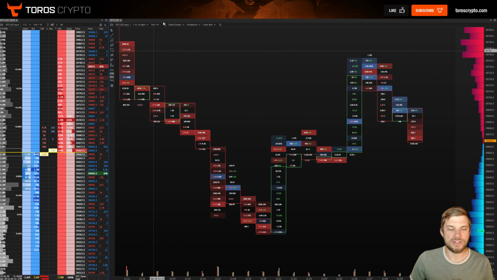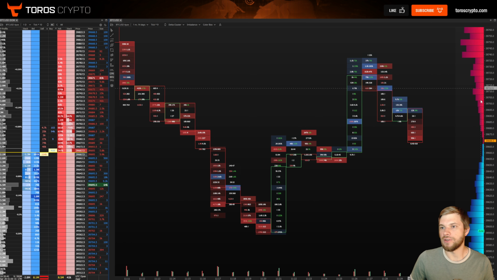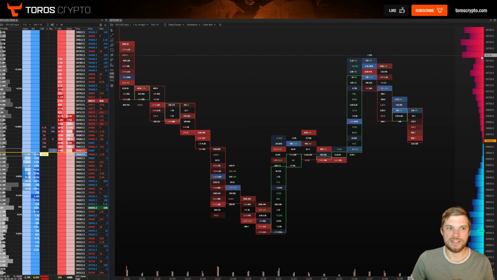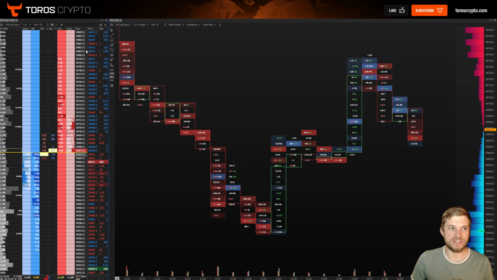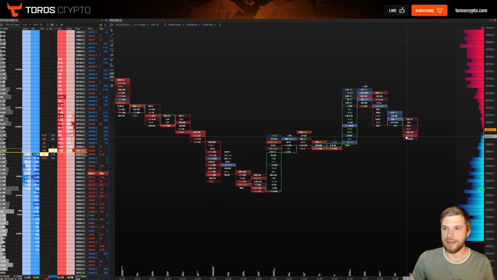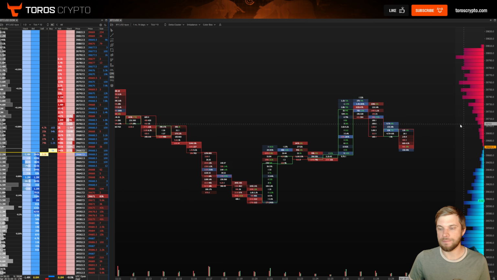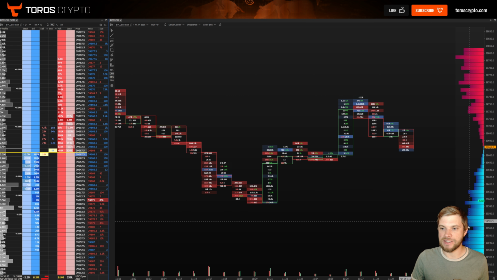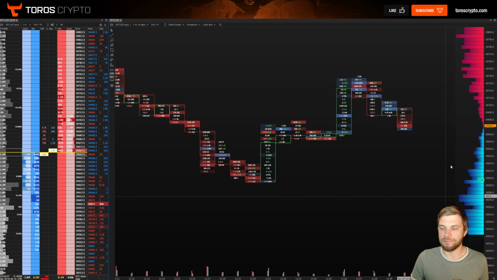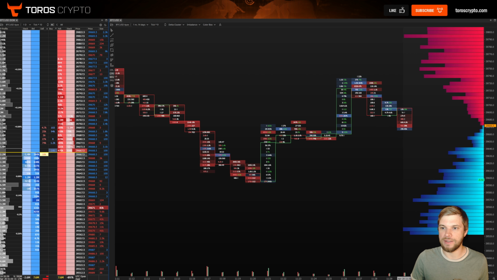Some other things that I often add on here, you can see this profile on the right hand side. This is just a visual representation. If we scroll into that a little bit more, this whole bid and ask is represented as a very simple volume profile, a kind of dynamic DOM on the right hand side here.